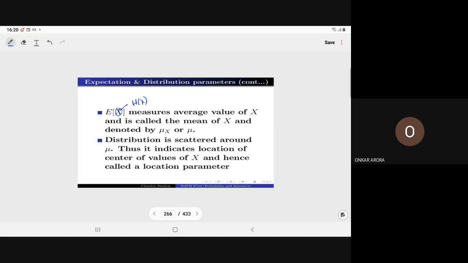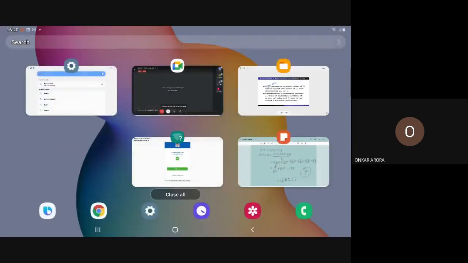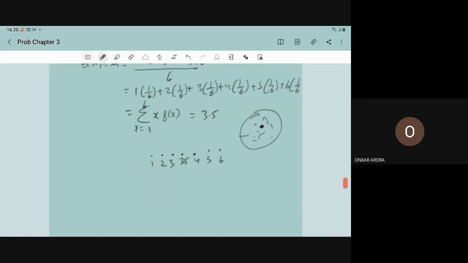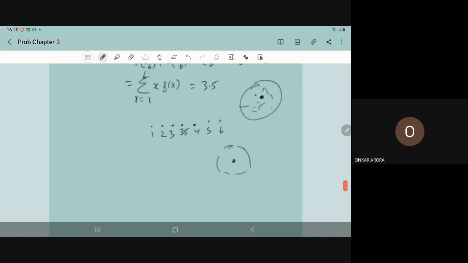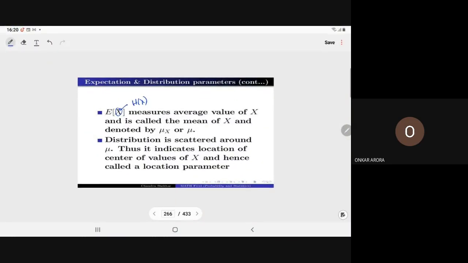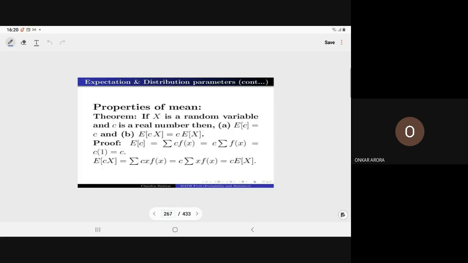As I have told you, the distribution means all the possible values are distributed around this average value. So the distribution is scattered around this, thus it indicates the location parameter, right? It indicates the location of the center of the values of X, hence we call it a location parameter.